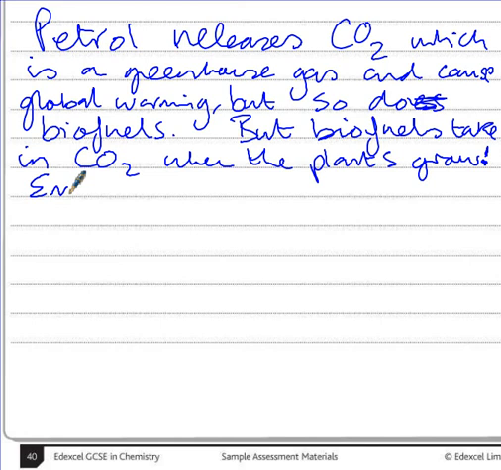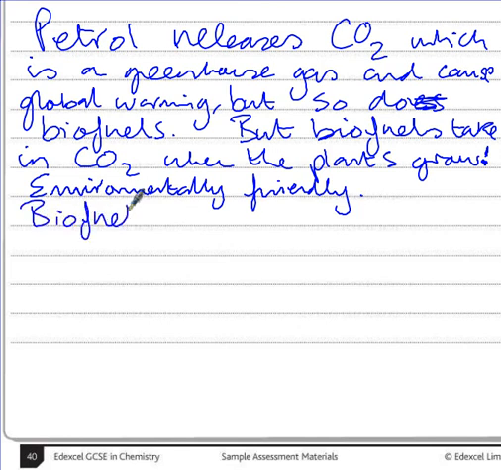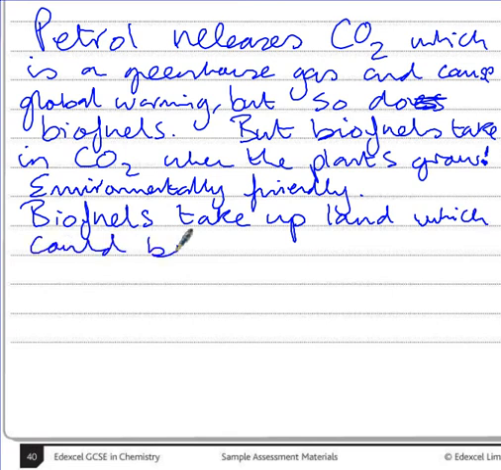So if you talk about them being environmentally friendly, that's one phrase we want to get in there. But biofuels take up land which could be used for crops.